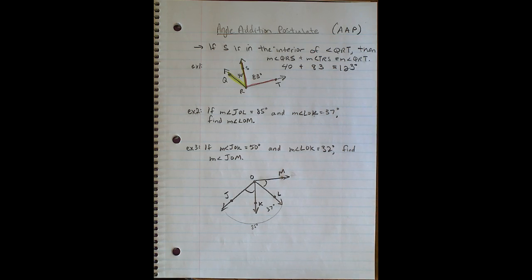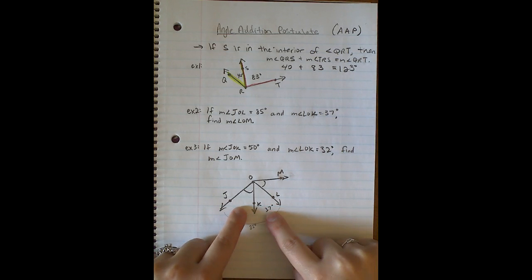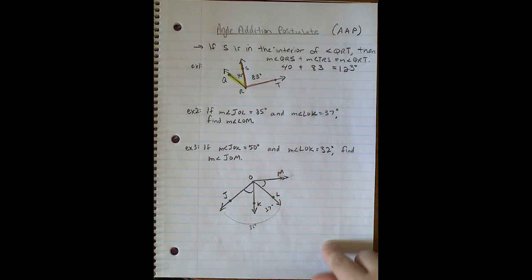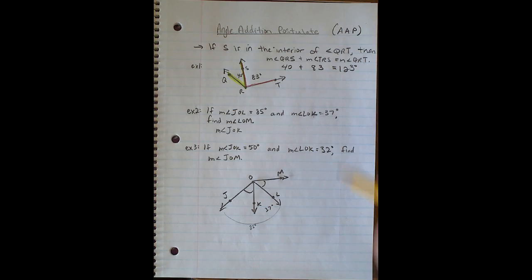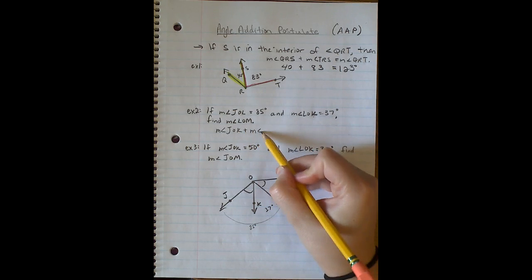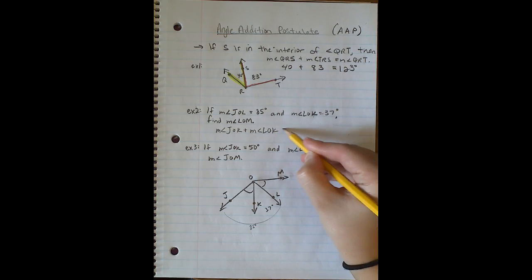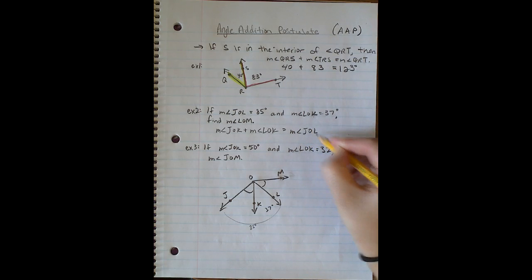Well, I can use the angle addition postulate because I know that JOK and LOK together make JOL. So step 1 is to write out our angle addition postulate like we did above. So I'm going to do the measure of angle JOK plus the measure of angle LOK equals the measure of angle JOL.